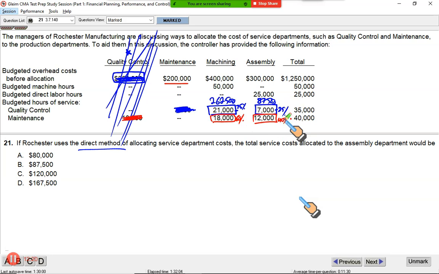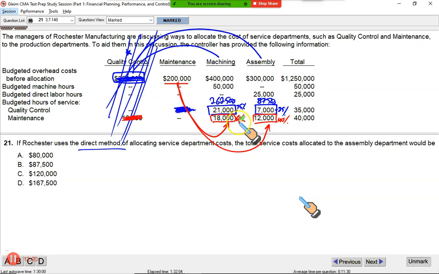Okay, now, what did we do previously? We transferred the quality control cost 75% to machining, 25% to assembly. Now, we are going to transfer this 60% to machining and 40% to assembly.